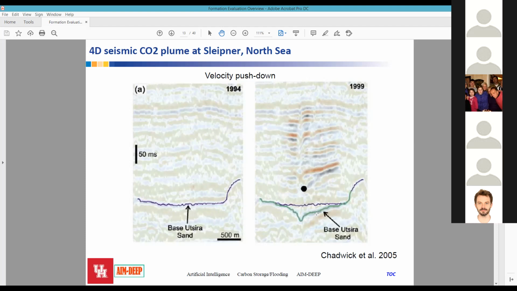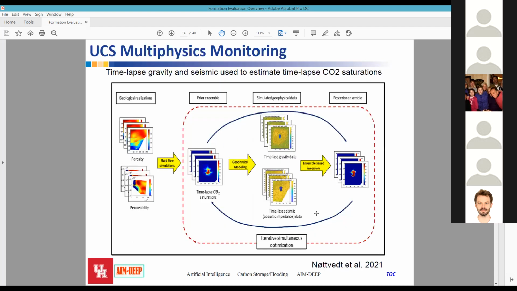So all these things, this kind of measurement, this kind of data, either in the seismic amplitude, also in the time shift between two different seismic surveys, are going to help us monitor the CO2 injection in terms of the front, in terms of the quantity, the volume, and lots of other parameters that we are interested to know when we are injecting CO2, either for just storage, or when it is coupled with EOR.